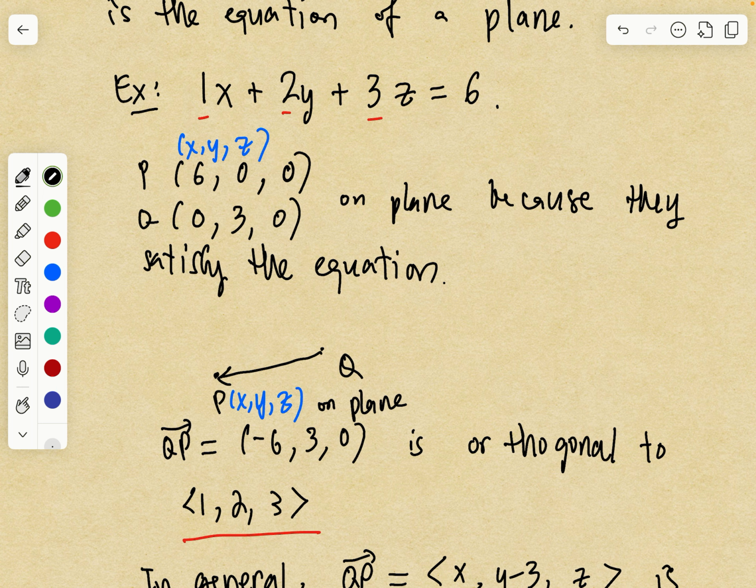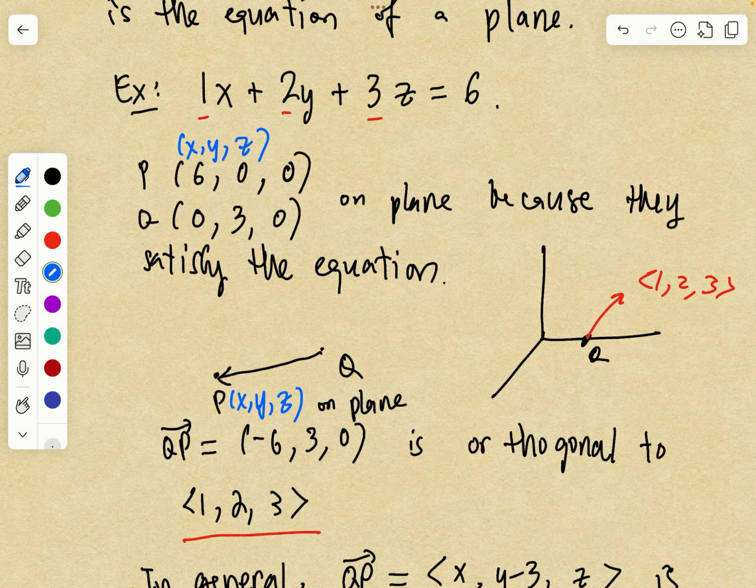So what the graph of this looks like is you have this point 0, 3, 0. That's like this point. So this is Q. It's all the points P such that QP is orthogonal to 1, 2, 3. So 1, 2, 3, I don't know, is like this, say.